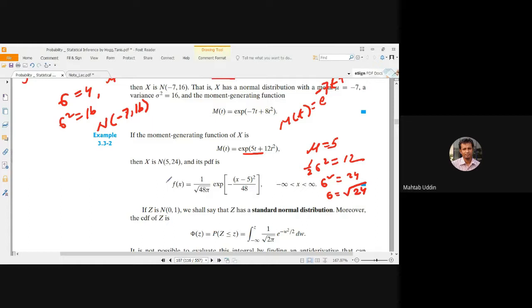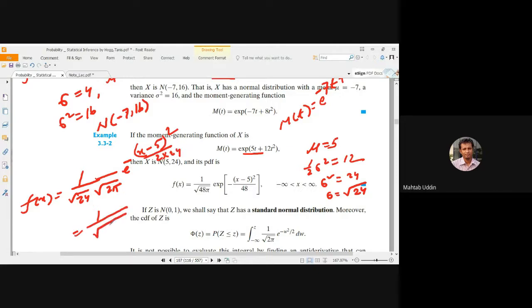In this case, f(x) is 1 by sigma, where sigma is root 24, root 2 pi, e to the power minus (x minus mu) whole square by 2 sigma square, with mu equal to 5. 2 into 24 is 48, so it is 1 by root 48 pi, e to the power minus (x minus 5) whole square by 48.